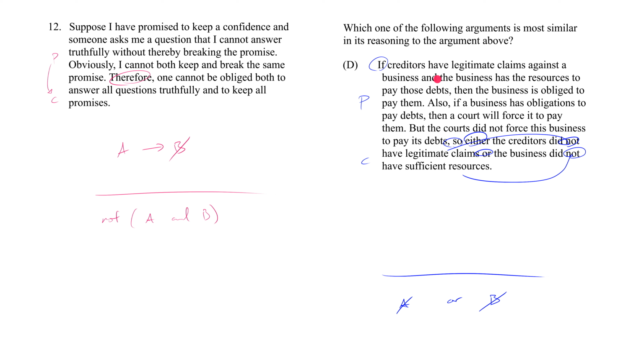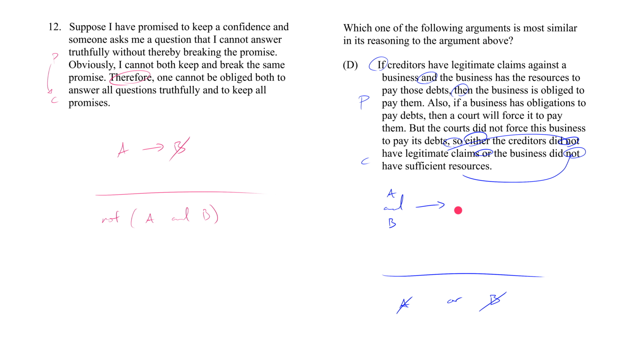I already mentioned if A and B, then something, then C. Here I'm using A again because I already used not A to say creditors did not have legitimate claims. Here, creditors have legitimate claims, so that's A versus not A. And it's a conjunction. B, businesses have resources to pay those. That's because here it says business did not have sufficient resources, referencing the same concept. So here is A and B.